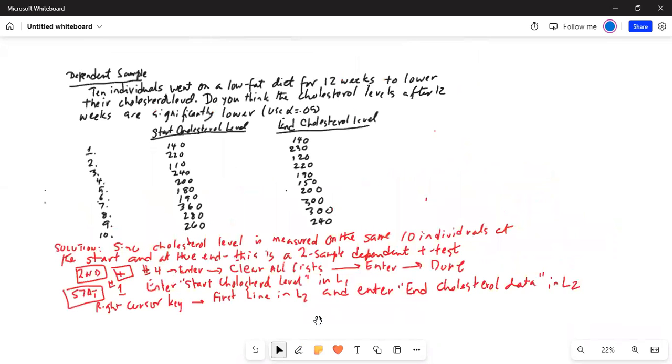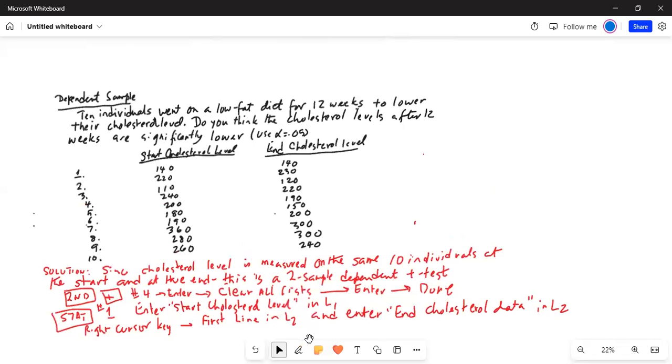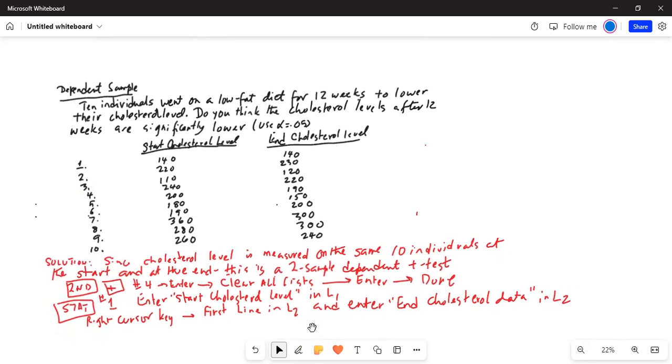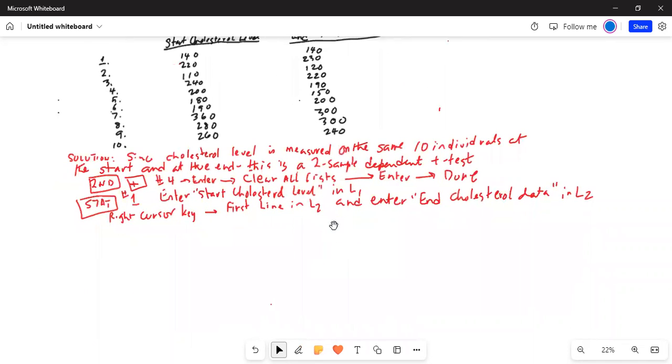Do you think the cholesterol levels after the 12 weeks are significantly lower? Significantly lower.